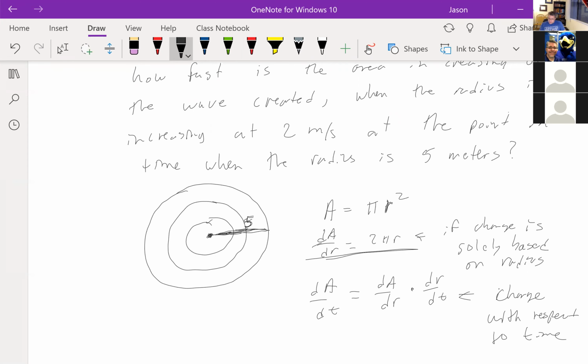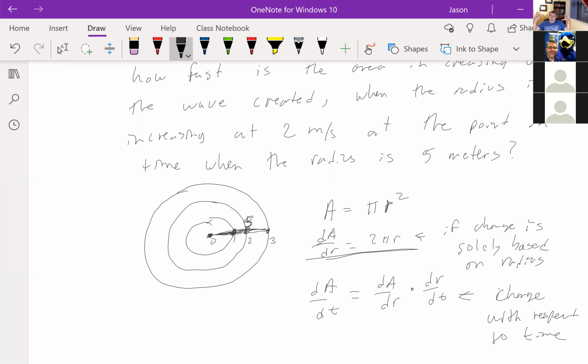We have these snapshots in time. Think of these rings as if I took a picture at t equals 0, and then after 1 second, it's there. After 2 seconds, it's there. After 3 seconds, it's there. So snapshot at 1 second, snapshot at 2 seconds, snapshot at 3 seconds.